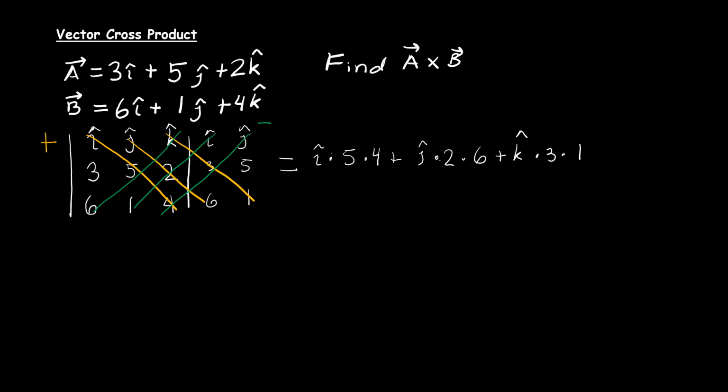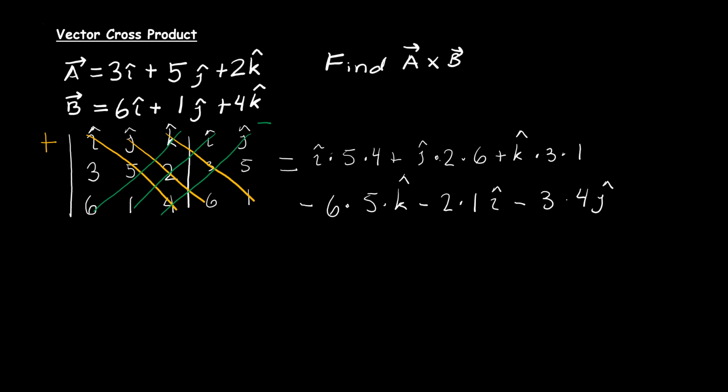So let's go from left to right: minus 6 times 5 k hat, minus 2 times 1 i hat, and then minus 3 times 4 j hat.